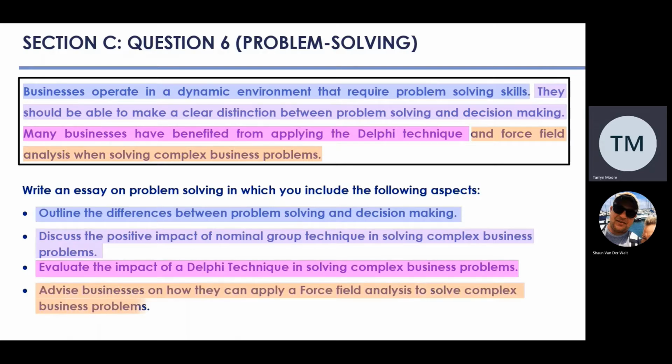Now, remember, when we're looking at our questions, we are looking at the topic so that we are going to formulate our introduction and our conclusion based on the topic at hand. We cannot repeat anything that has been issued within the preamble.